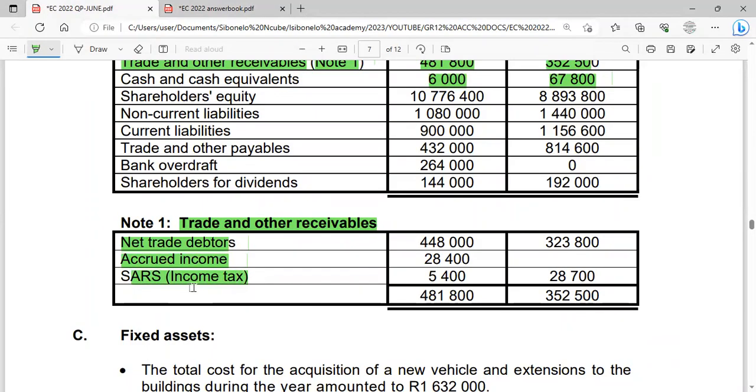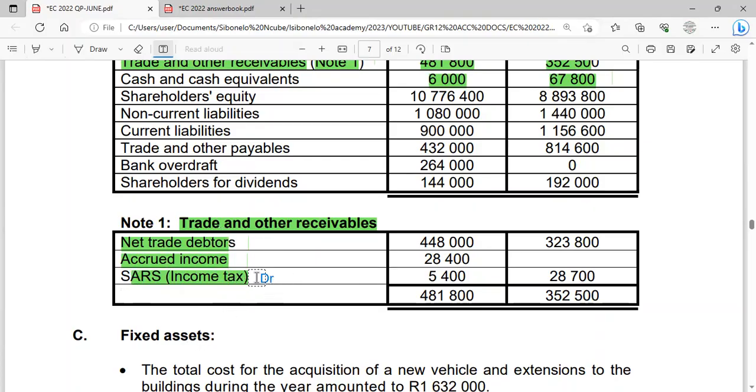If we have a SARS income tax balance sitting under this note, it means we've got a debit balance, so SARS is owing us. Our provisions are more than the assessed amount by SARS. We have overpaid SARS, so SARS is now owing us. So every time you see this balance included under this note, you must know that SARS is owing us.